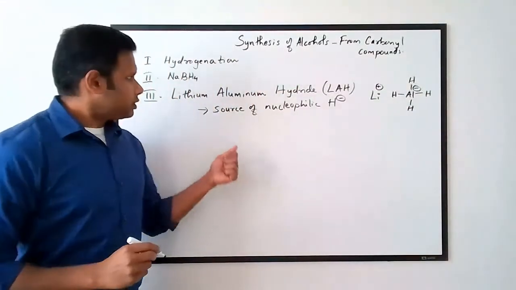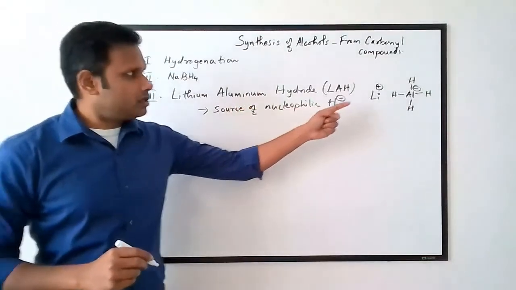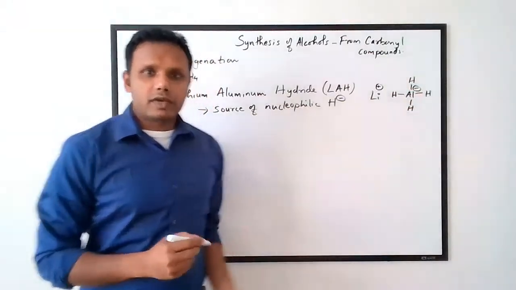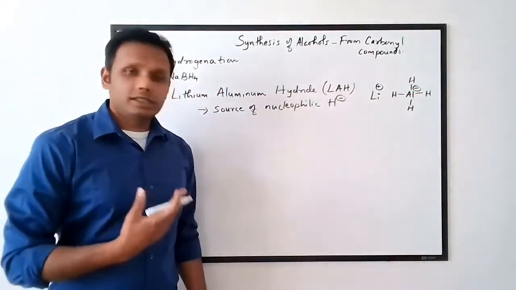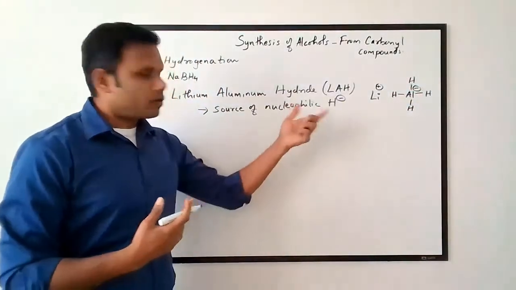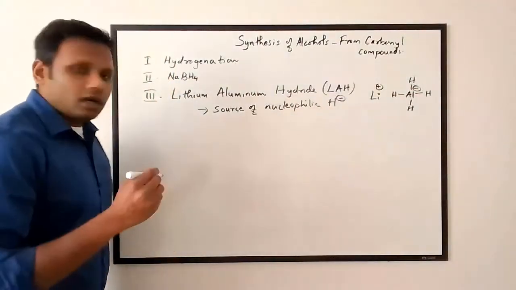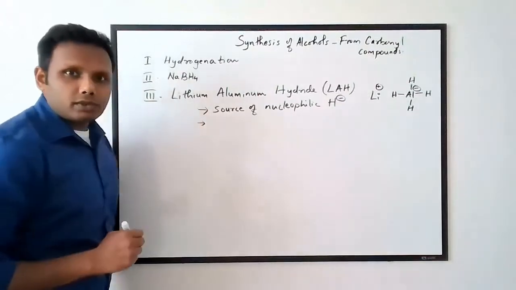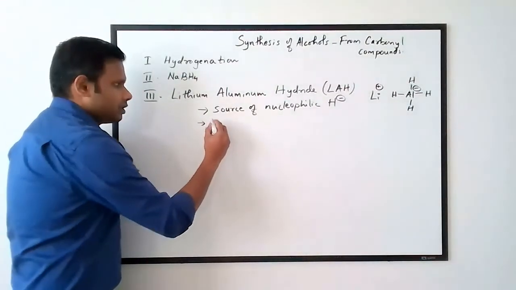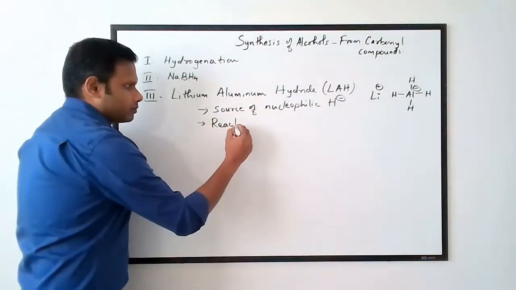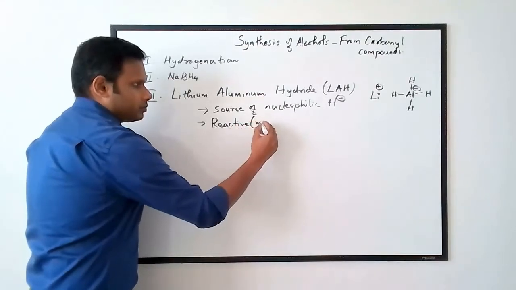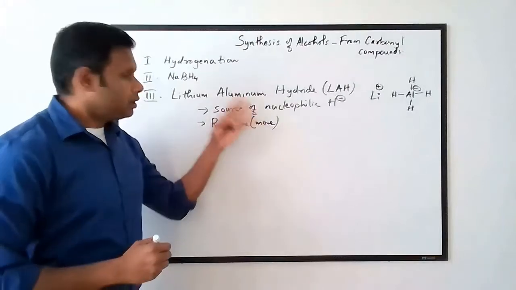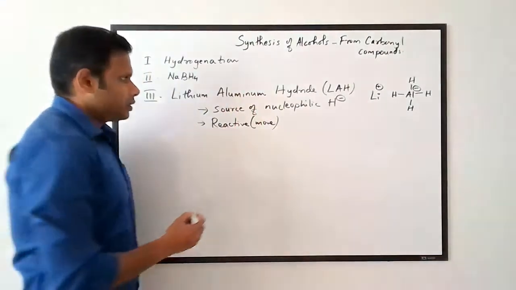So very similar to the sodium borohydride, the lithium aluminum hydride could also, in principle, serve as a source of 4 hydride ions, or 4 hydride nucleophiles. A key difference as far as lithium aluminum hydride is concerned is that it is more reactive compared to the sodium borohydride.